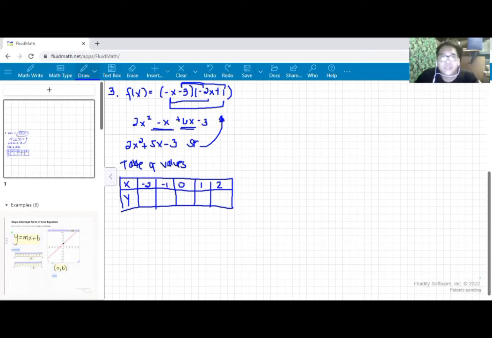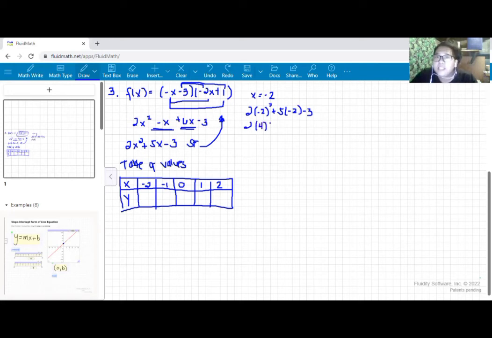So let's solve first using negative 2. So here, we're going to let x equal negative 2. So we have 2 multiplied by negative 2 squared plus 5 times negative 2 minus 3. Negative 2 times negative 2, the answer is 4.